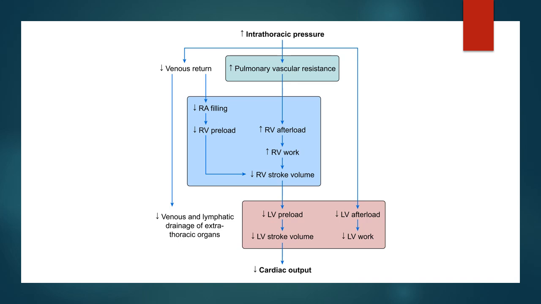But if you are that patient who is fluid overloaded, there are benefits to that, and that is on the right side of the screen: your afterload and the workload on the left side of the heart is going to decrease. So that person with heart failure, their heart is not having to push against increased resistance, because by providing positive pressure, you're helping lower the workload on that heart, which should hopefully help with the amount of pulmonary edema occurring inside their lungs.